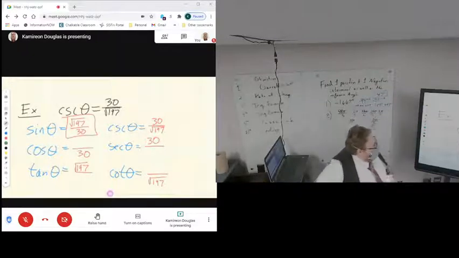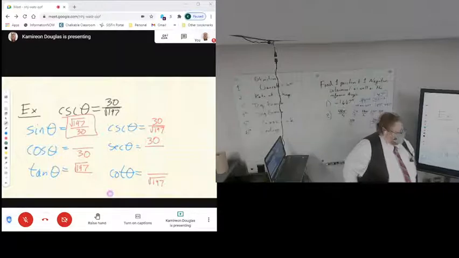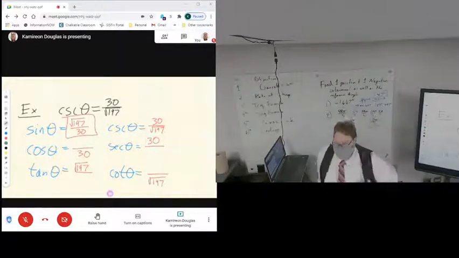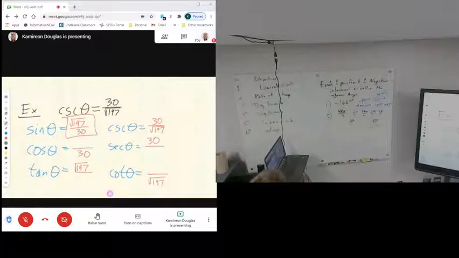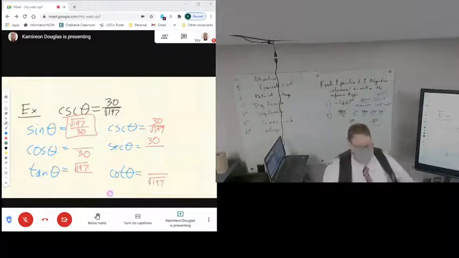Now, looking at cosecant, the top number is 30, the bottom number is the square root of 197. I've got to think Pythagorean's theorem. How would that plug in? To plug in Pythagorean's theorem, I either need H or need A and B, or whatever combination you choose.